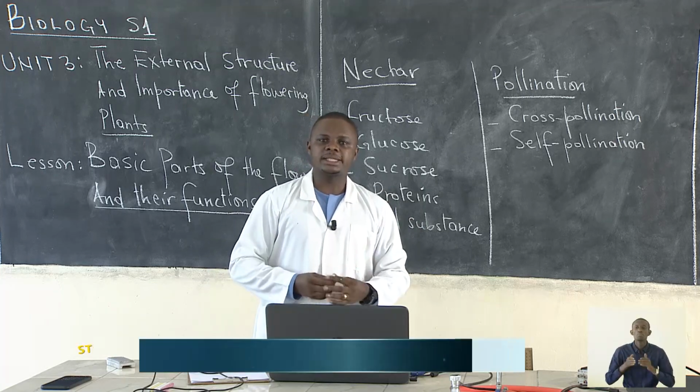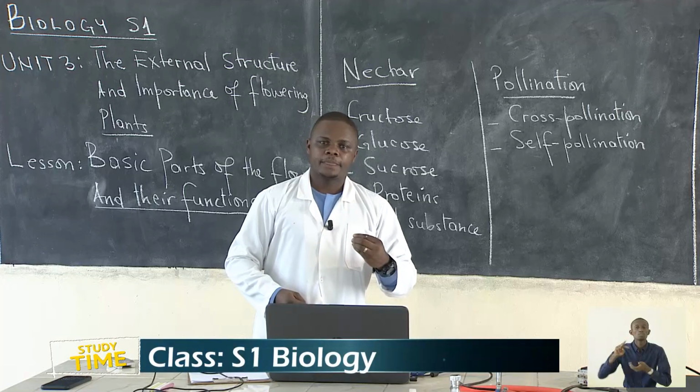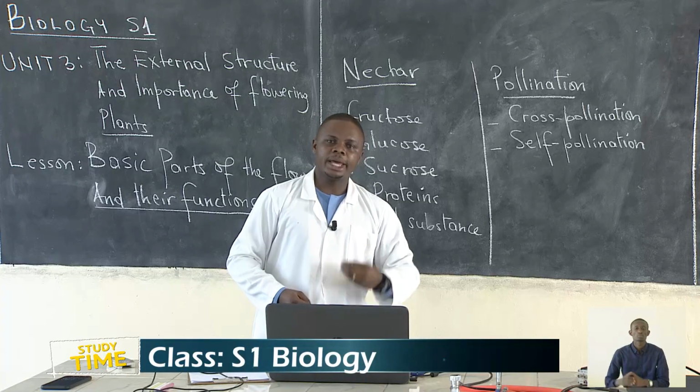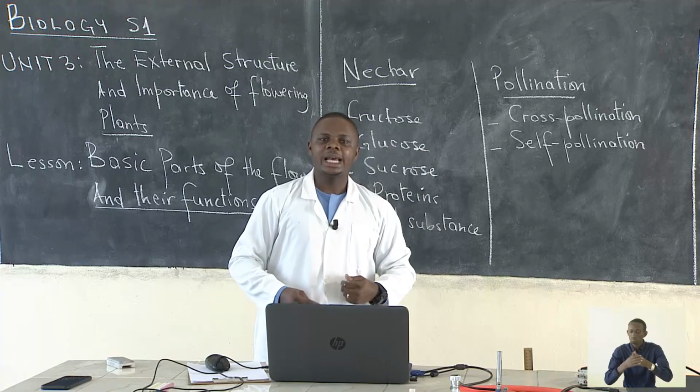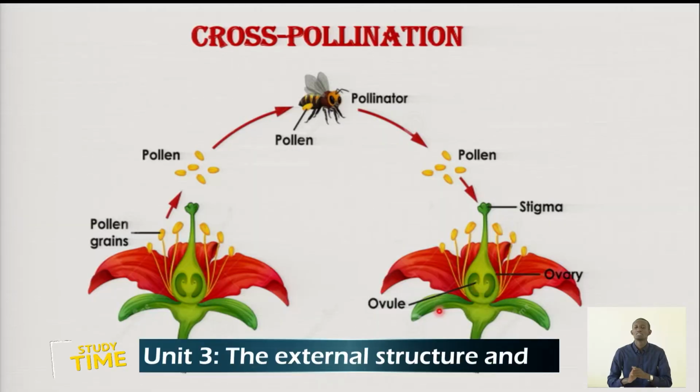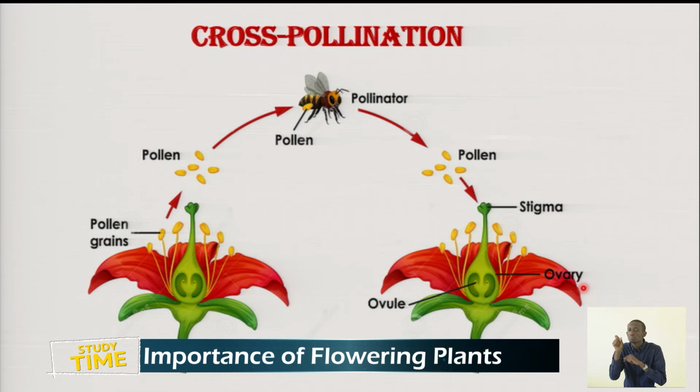When it takes place, the fusion of male and female gametes will lead to reproduction, and in this case, the ovules which have been fertilized are going to turn into seeds, and then the ovary will turn into the fruit.